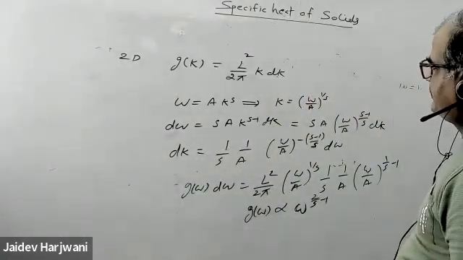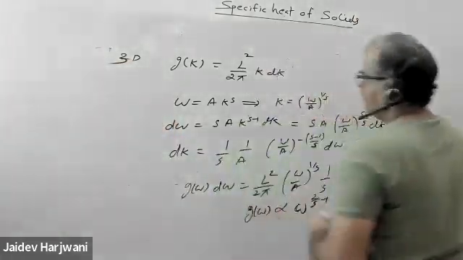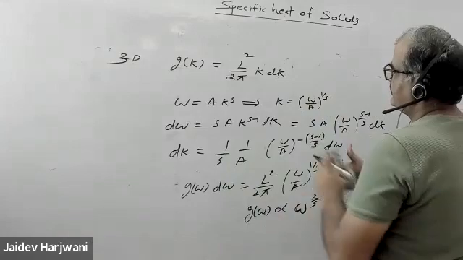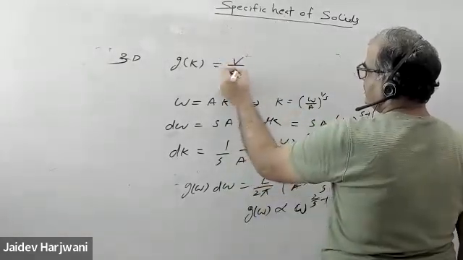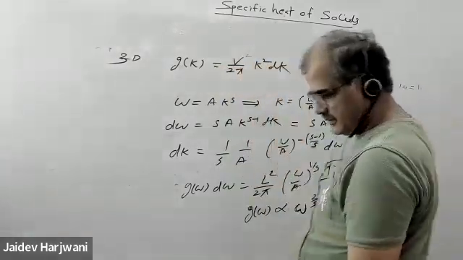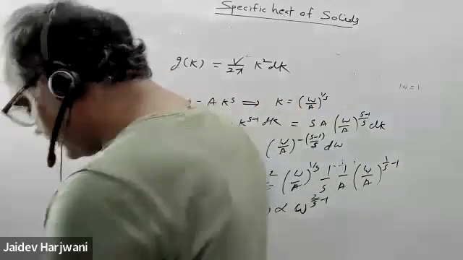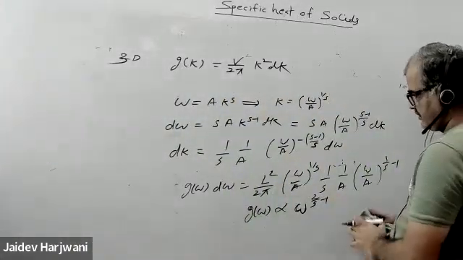And similarly, if I write for 3D, this will give me V upon 2 pi square, k square dk. Am I correct? Yes.